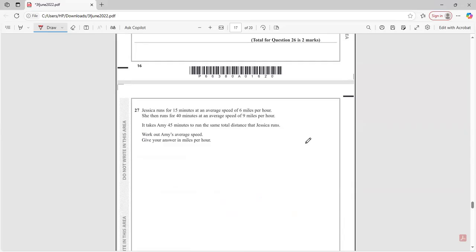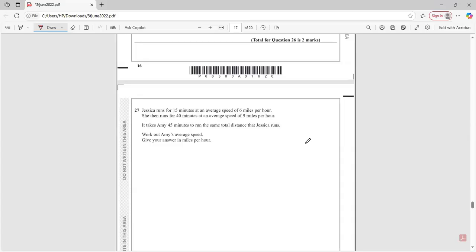If it takes Amy 45 minutes to run the same total distance that Jessica runs, work out Amy's average speed. Give your answer in miles per hour. Do you want us to take on this? Yes, please. Okay. All right.